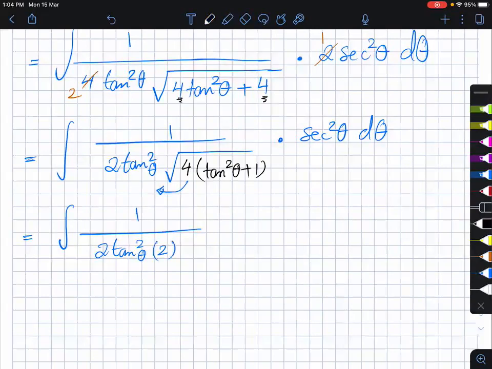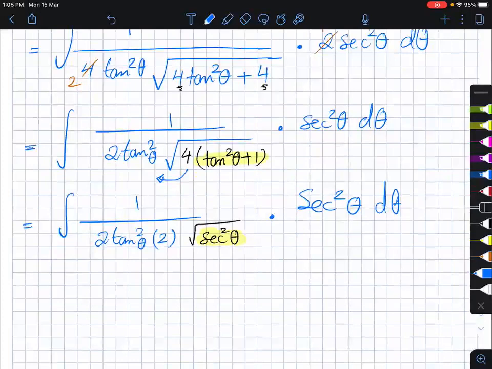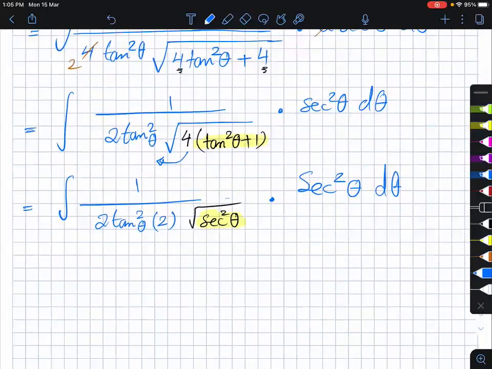Use the identity to change it: tan squared theta plus 1 equals sec squared theta, multiplied by sec squared theta d theta. Now the root of sec squared is sec by itself.